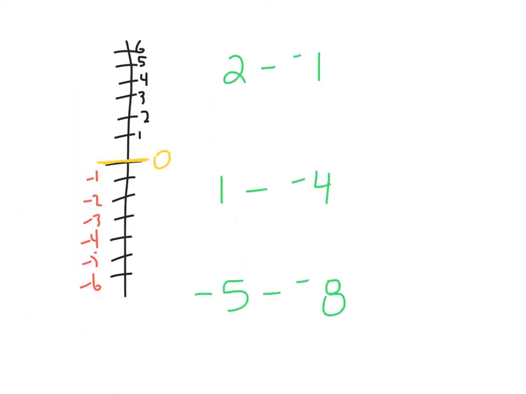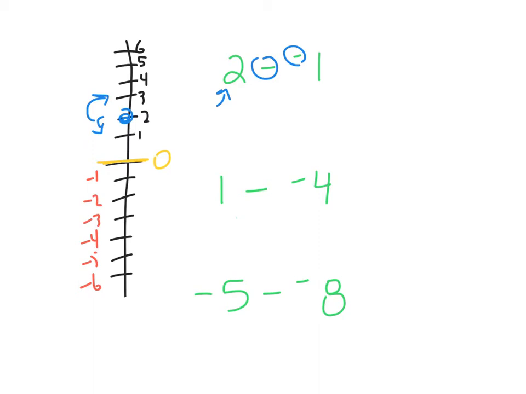Now these are where it can get a little complicated. So we need to think of the 2. This is your positive 2. So we're starting at 0 and we went up 2. Now this minus sign here tells us to go backward, to go down the number line. But this negative is telling us to go in the opposite direction. So we're actually going to go up 1.